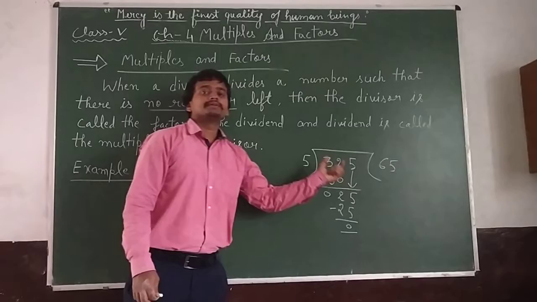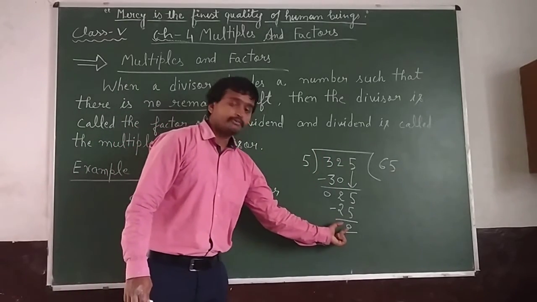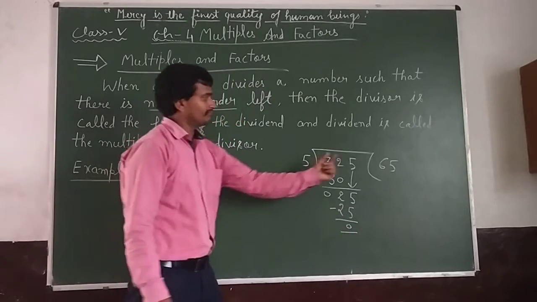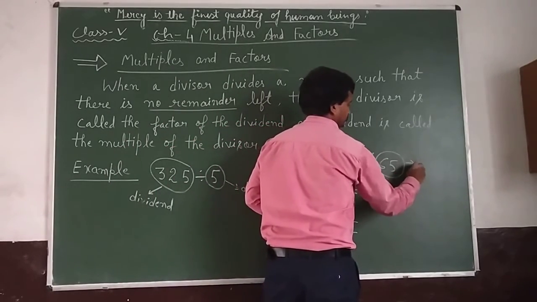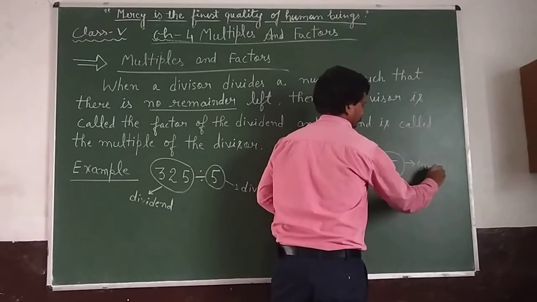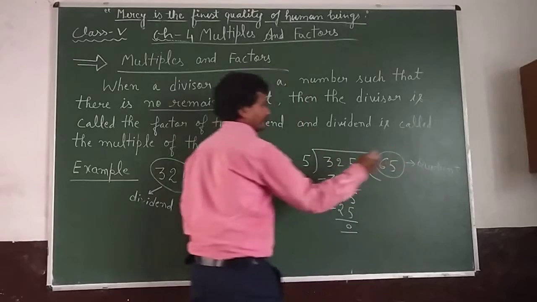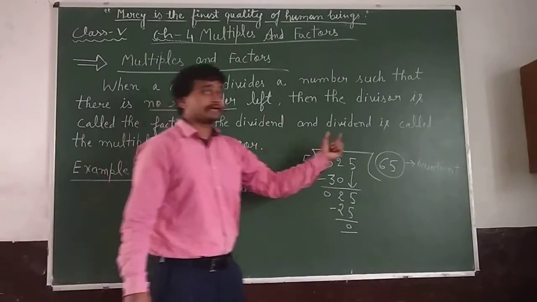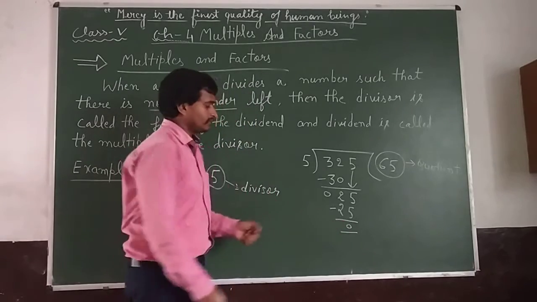On dividing 325 by 5, the remainder is 0. This is the quotient. Spellings should be correct. This is the quotient and this is the remainder.